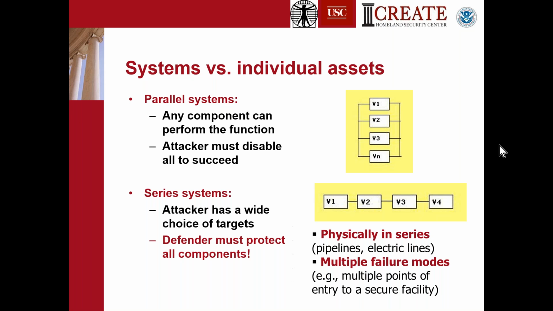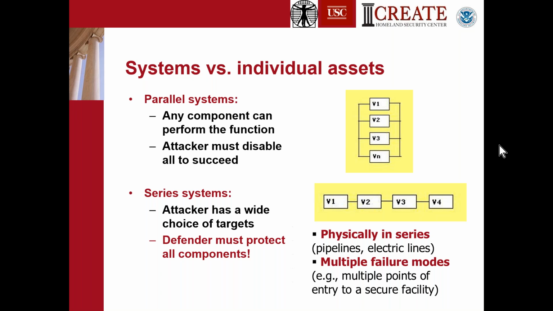That means the attacker has to disable all of the components in the system in order to succeed. And it also means that as defenders, we can pick and choose which components to defend. So if one of the components in this system is easier to protect or less expensive to protect, we can focus our efforts there and have a more cost-effective defense.